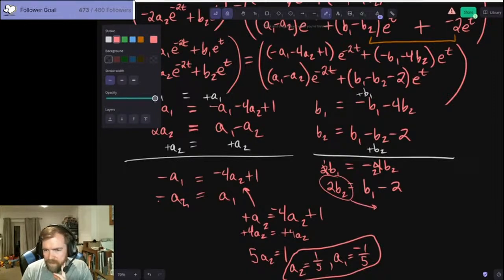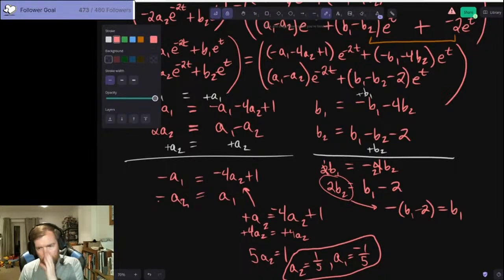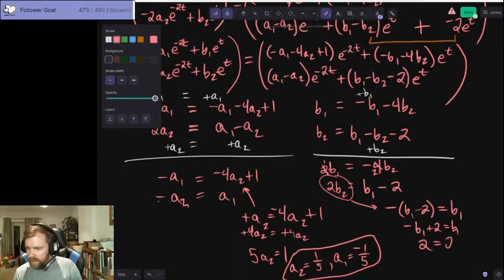Yep. Negative 2b2 is going to be a negative parentheses b1 minus b1 minus 2, which is going to be equal to b1. So negative b1 plus 2. Add b1 to both sides, we get 2 is equal to 2b1, and so therefore b1 is equal to 1.